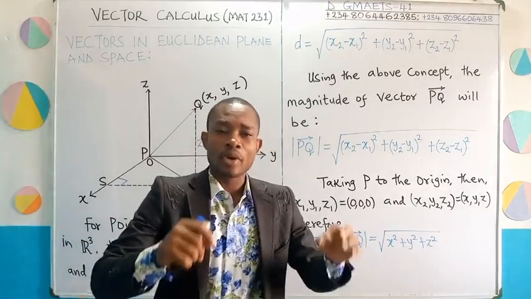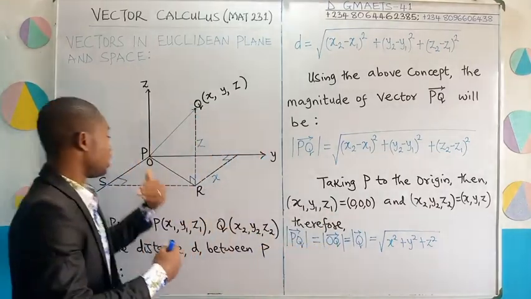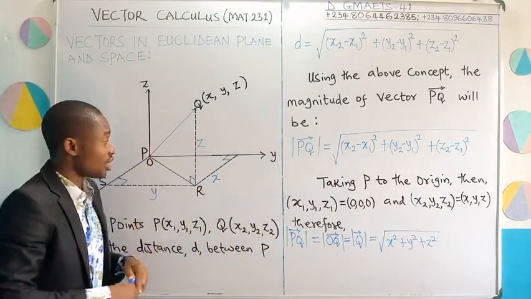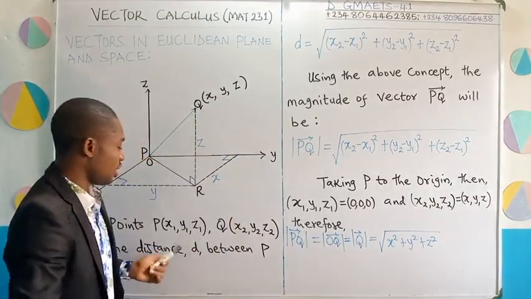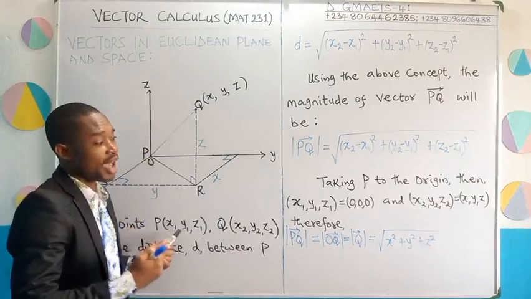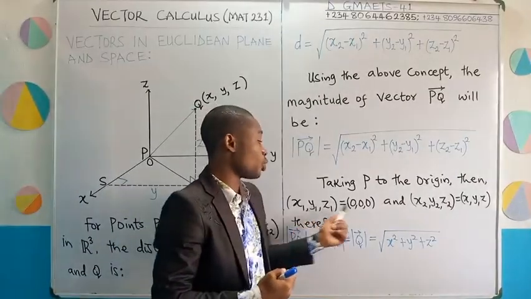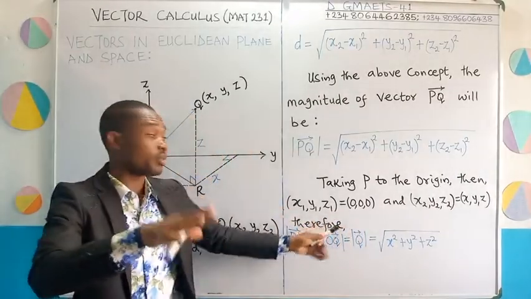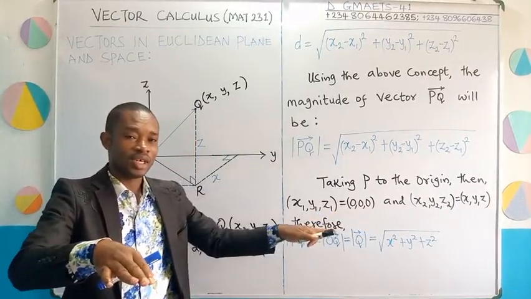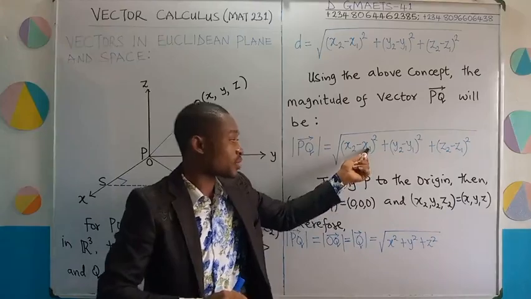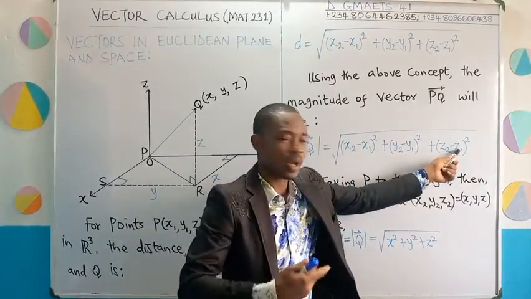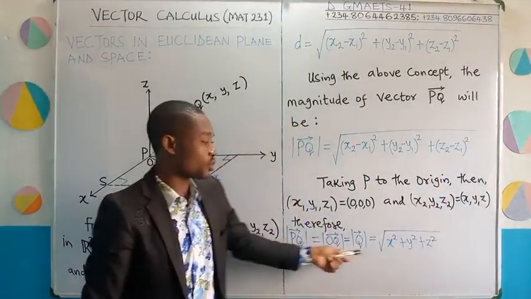Now let us take our point P, the initial point, to the origin, just like we have it in this diagram, in this graph. If point P is at the origin, that tells us clearly that the coordinates of point P, x1, y1, z1, will be equal to 0, 0, 0. That's going to be the value. Is that okay? And that being the case, the formula will reduce to this.